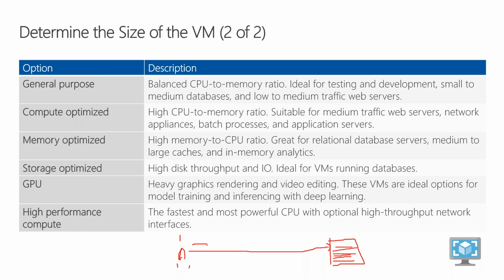So when will we go for memory optimized? Instead of fetching everything, the application designers will store whatever data is being fetched in the RAM. Every frequent request will be stored in the RAM, in the cache. The cache is part of the RAM, right?